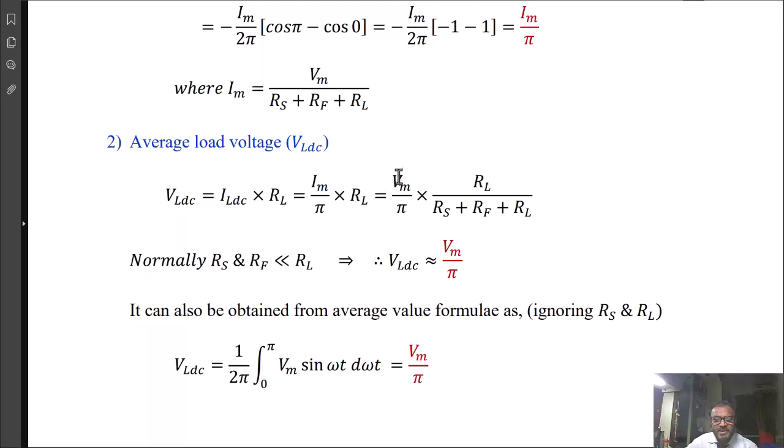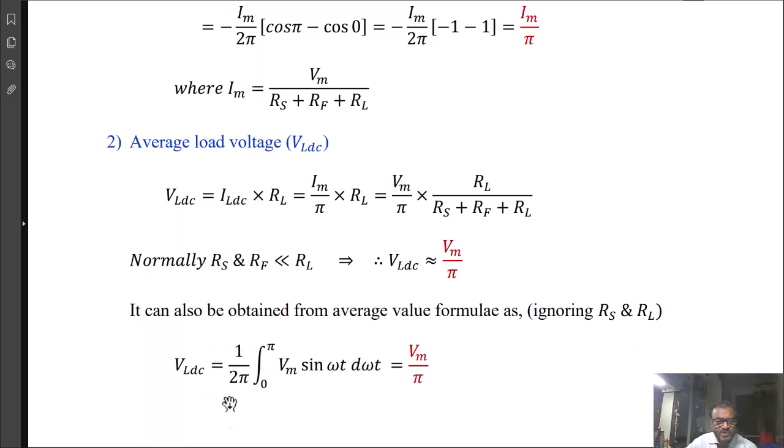Substitute the value of Im here, Vm divided by Rs plus Rf plus RL. Normally, Rs and Rf is much less than RL, and therefore VLDC is approximately coming out to be Vm by pi. We can derive the same expression by our common average value formula also.